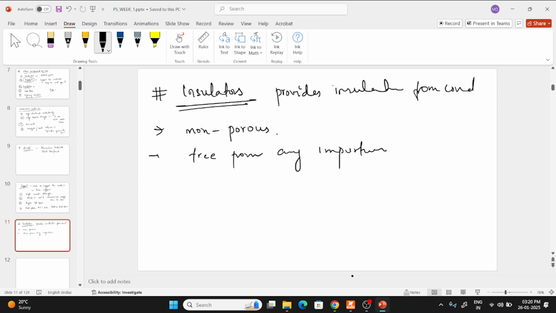The most commonly used insulator in any overhead lines is porcelain, but there are various types of glasses or steatite also used for this.